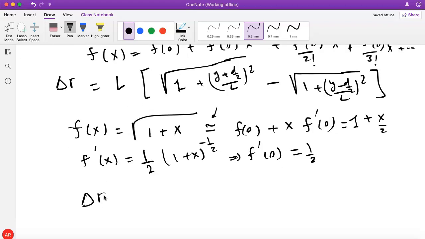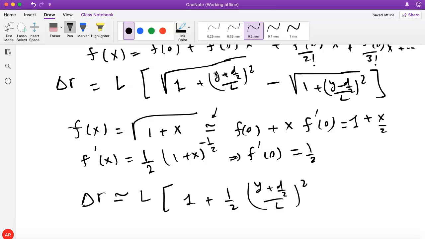So then delta R in this limit approximately becomes L times 1 plus 1/2 (y plus d over 2 over L) quantity squared. That's our x. Then minus 1 plus 1/2 (y minus d over 2 over L) quantity squared.